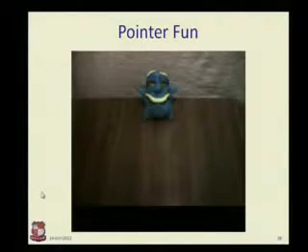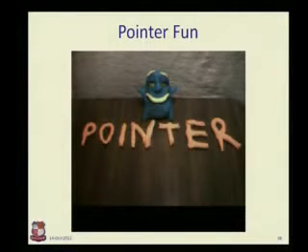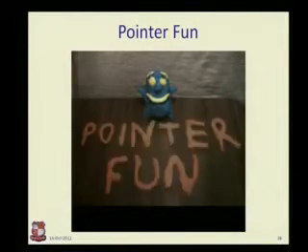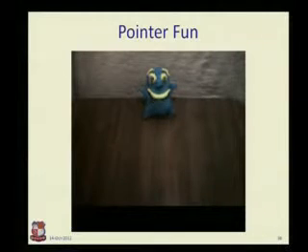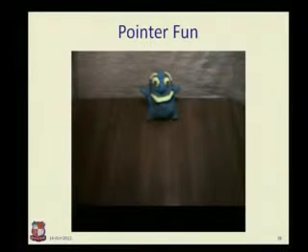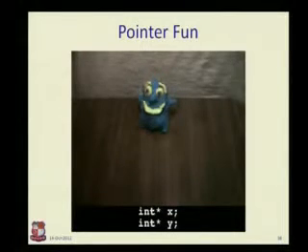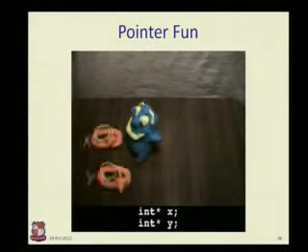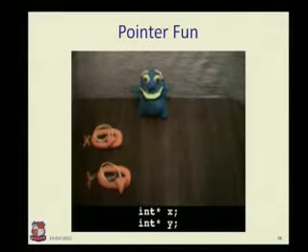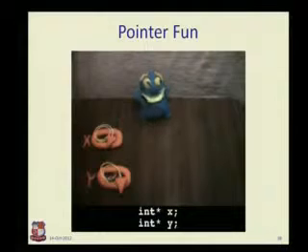Hey Binky, wake up. It's time for pointer fun. What's that? Learn about pointers? Oh, goody! Well, to get started, I guess we're going to need a couple pointers. Okay, this code allocates 2 pointers which can point to integers. Okay, well, I see the 2 pointers, but they don't seem to be pointing to anything. That's right. Initially, pointers don't point to anything.